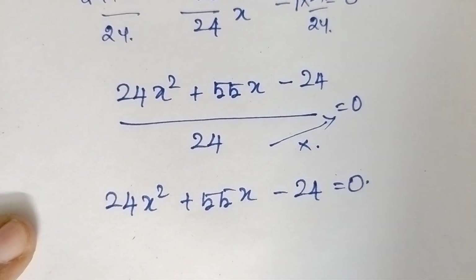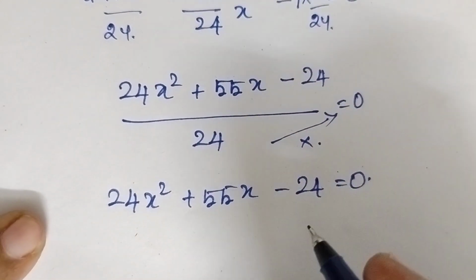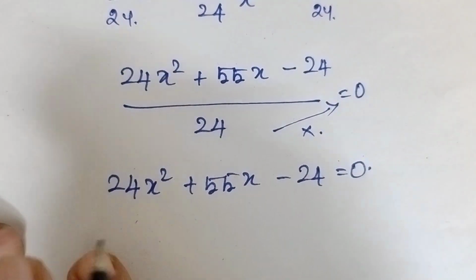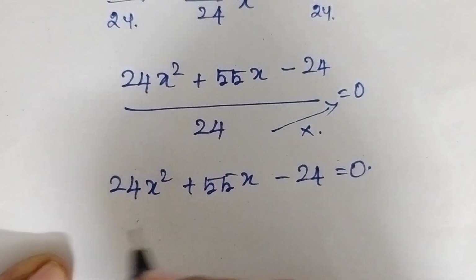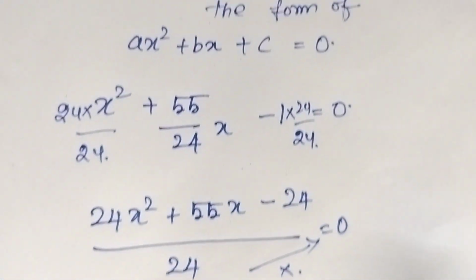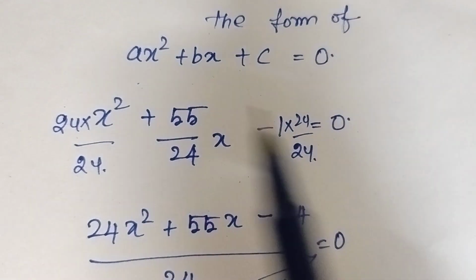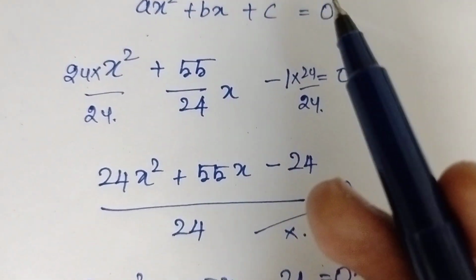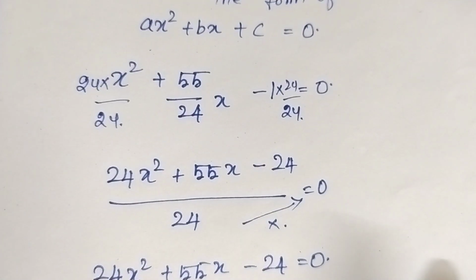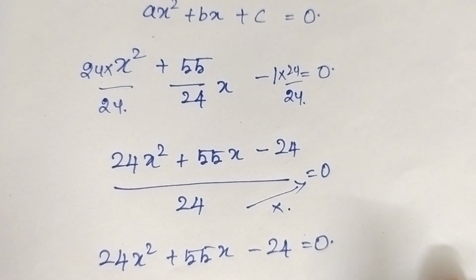Now what do we have to do for the factorization method? First I am going to write the values of a, b, c by comparing this equation with the actual quadratic equation. Now compare these two.